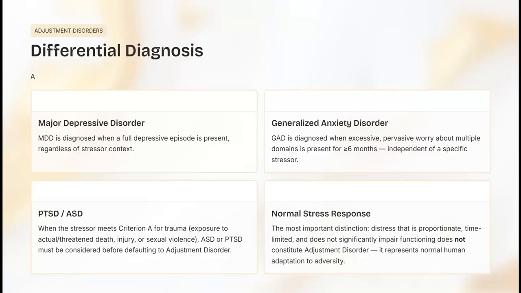So proportionate, time-limited distress that does not significantly impair functioning is not adjustment disorder. It's normal adaptation. So don't over-pathologize. Don't over-diagnose. You don't have to do that. People will have a normal stress response.